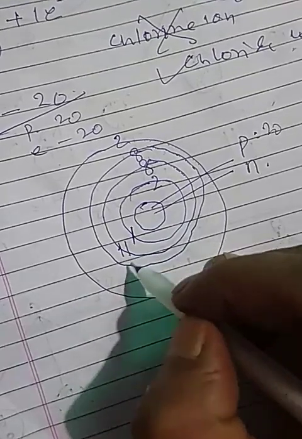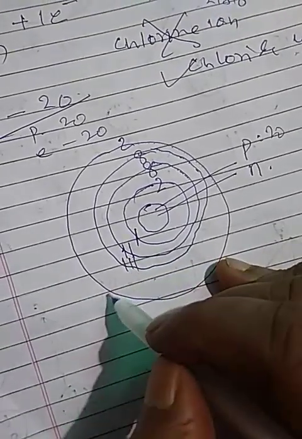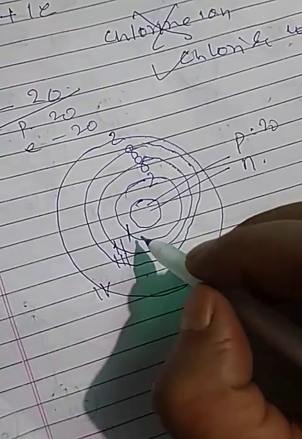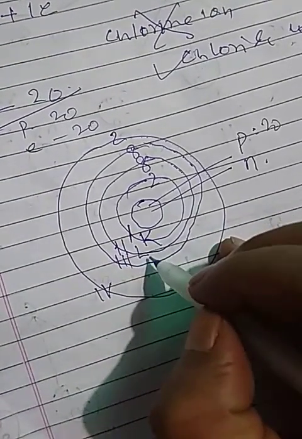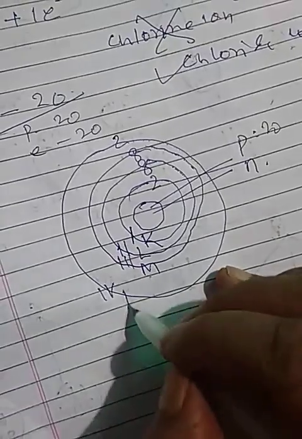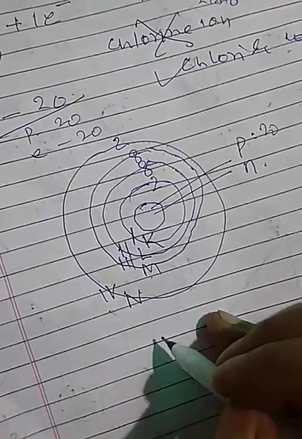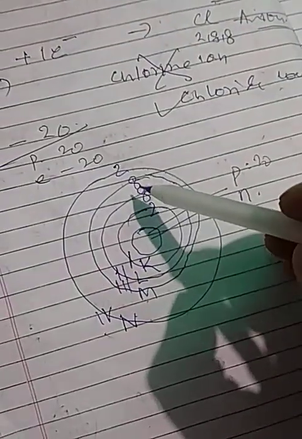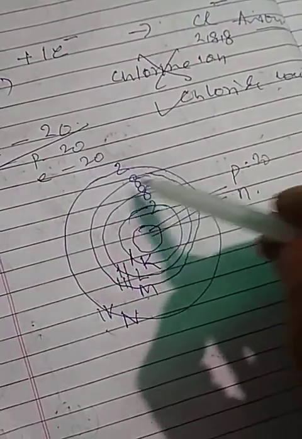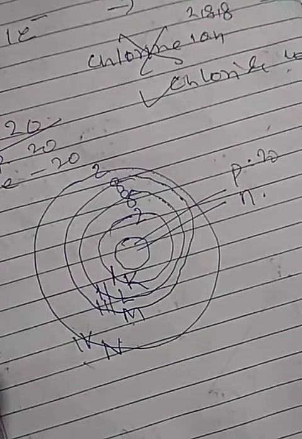This one is the second cell, third cell and fourth cell. The first cell is also called K cell, second one L, M, N, O, P. This arrangement of electrons in different cells is called electronic configuration.